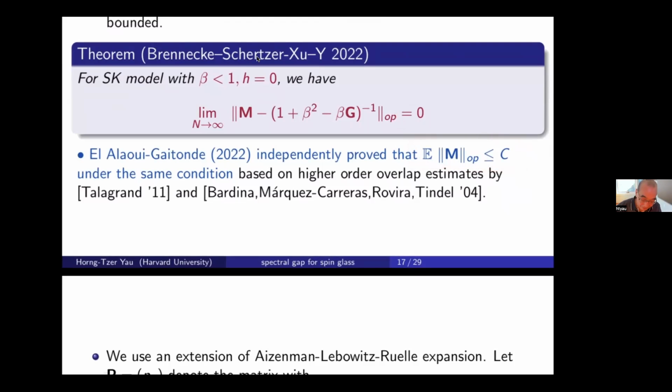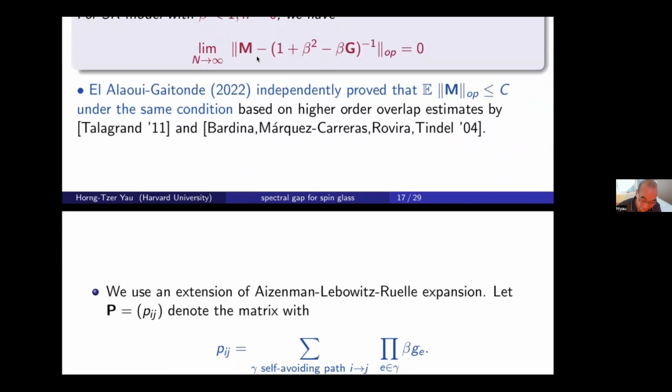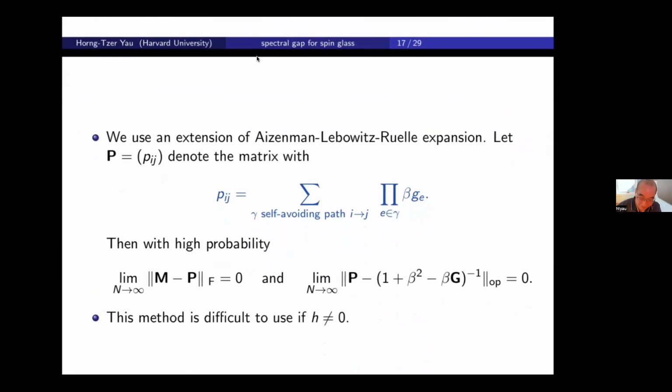All right, now what's our idea? What we are doing goes back to the 1987 paper by Aizenman, Lebowitz, Ruelle. If you look at the proof carefully, the partition function has a way to be written as a sum over self-avoiding paths from i to j in n vertices, with a factor beta G of e.